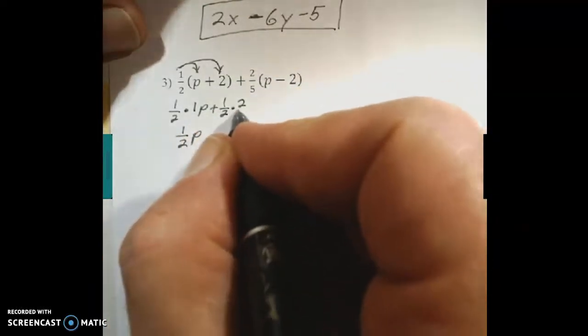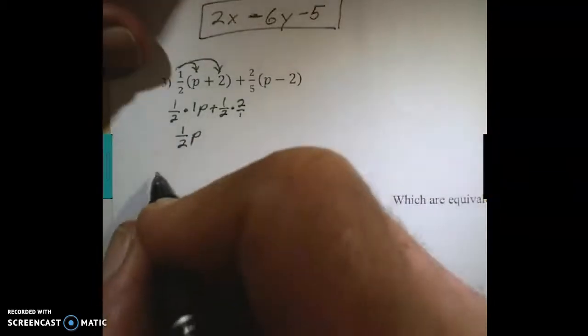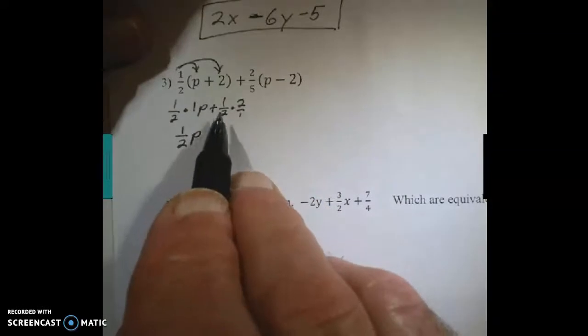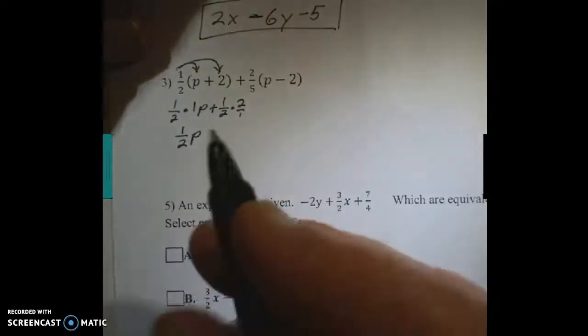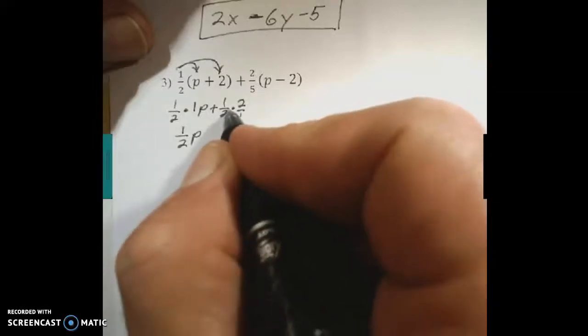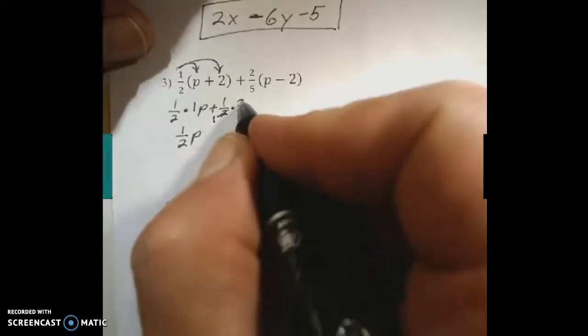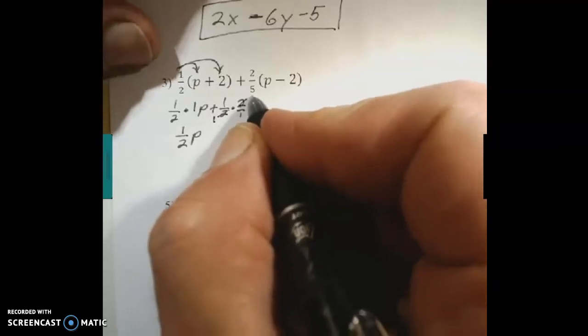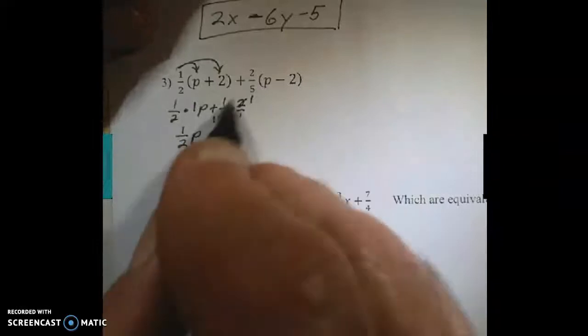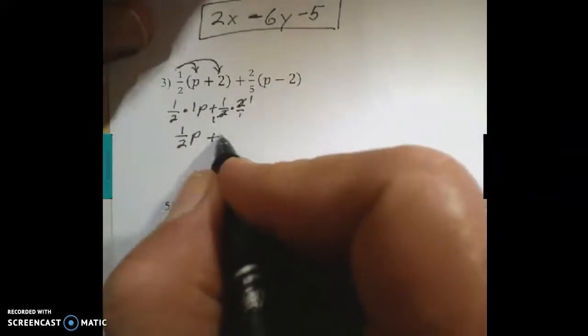You can make that 2 look like a fraction by putting a 1 under it. When you multiply fractions, you just want to multiply numerator times numerator, denominator times denominator. But remember, you can reduce first. The 2's can both be divided by 2, so this 2 becomes a 1. This 2 divided by 2 would also become a 1. We basically just have 1 times 1, and everything is positive, so it is just a plus 1.